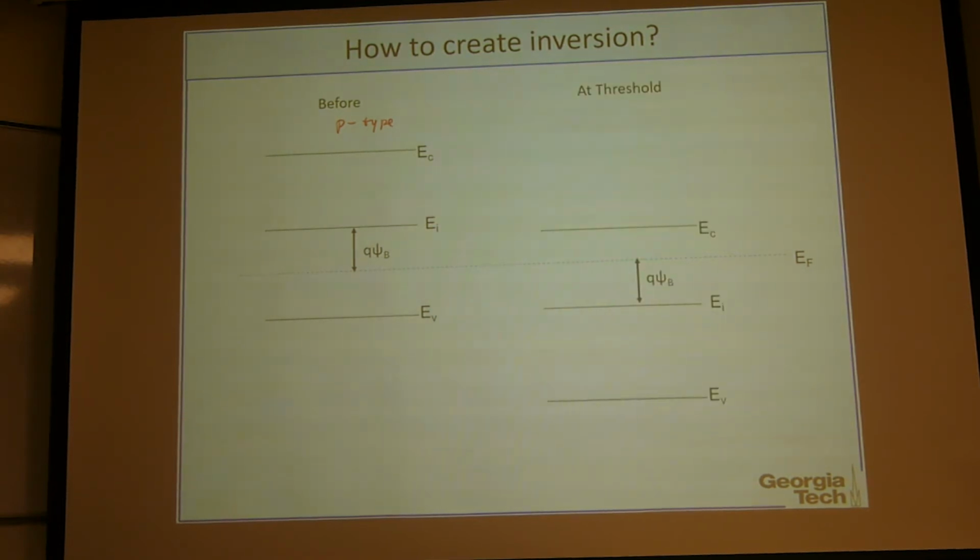And then this is at the threshold voltage, P-type substrate. And then at the threshold voltage, the surface becomes N-type.